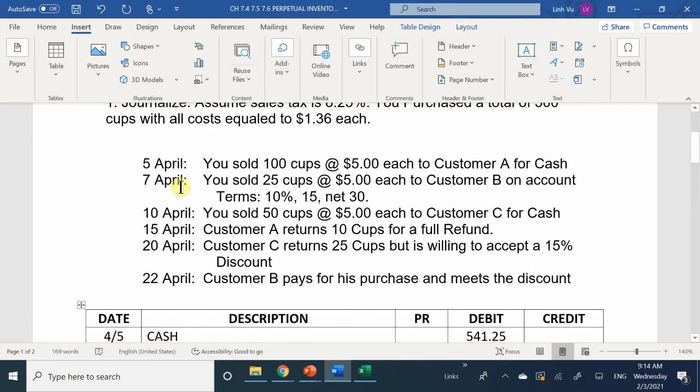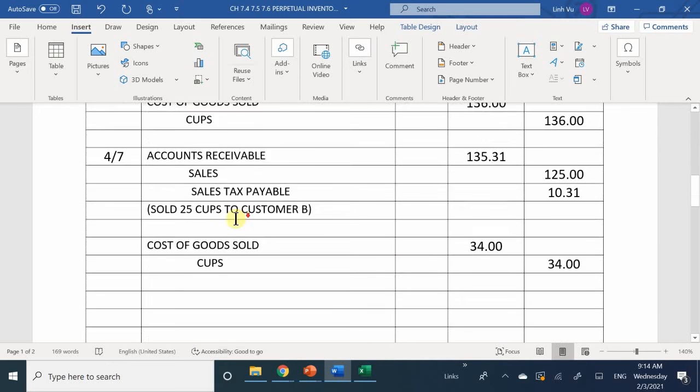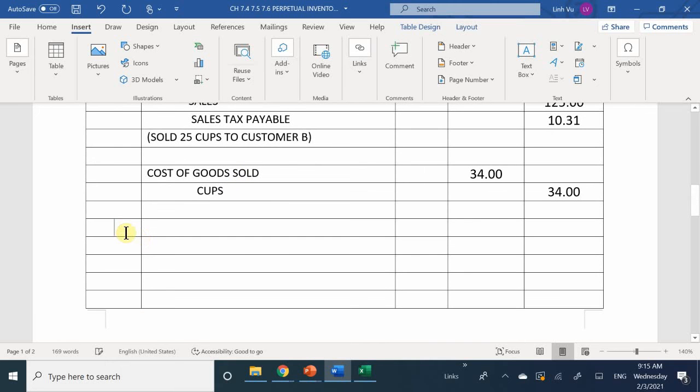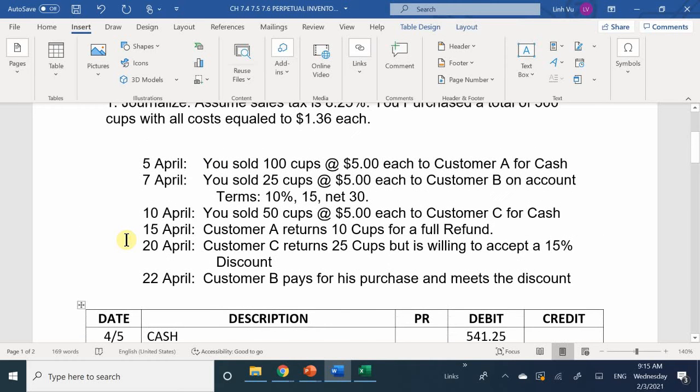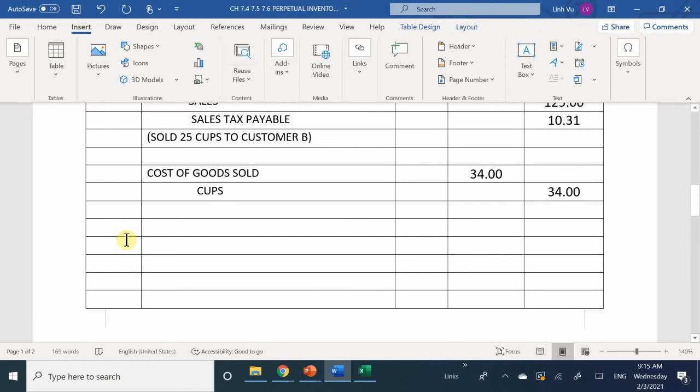And then what has happened next? April 10, you sold an additional 50 cups at $5 each to customer C for cash. We're going to recognize cash, sales, and sales tax payable.